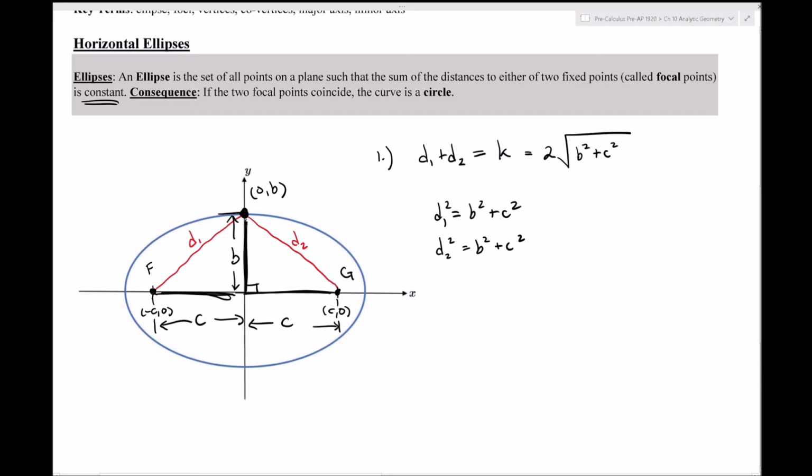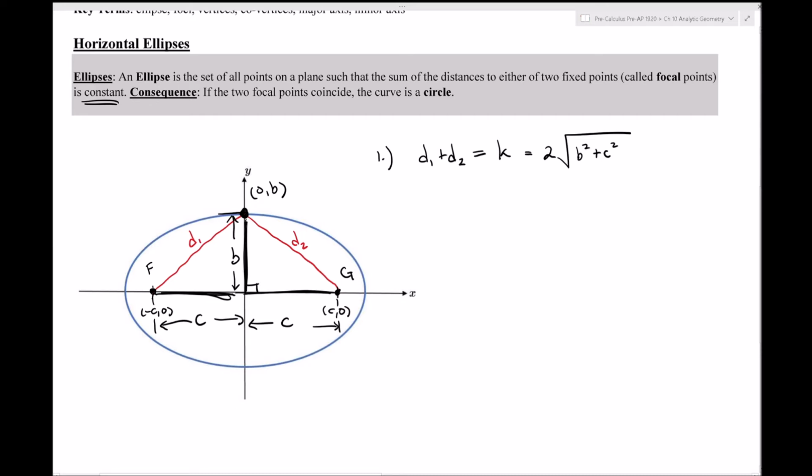If I label the focal distance c, and if I label the vertical distance, the halfway vertically, b, then that number k, where the combined distance between that point and the two focal points is constant, that constant k is equal to twice the square root of the sum of the squares of those two dimensions, c and b. So that's our first major fact.